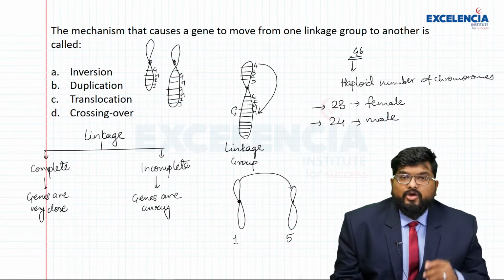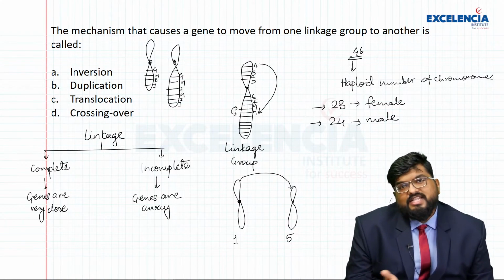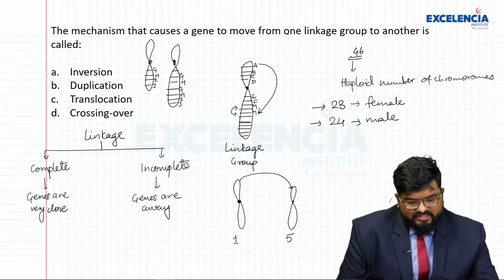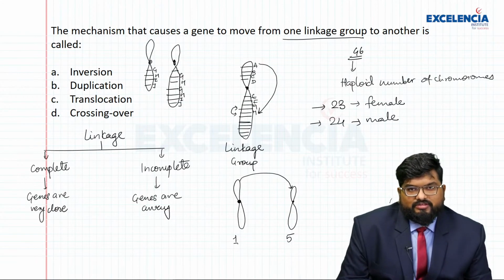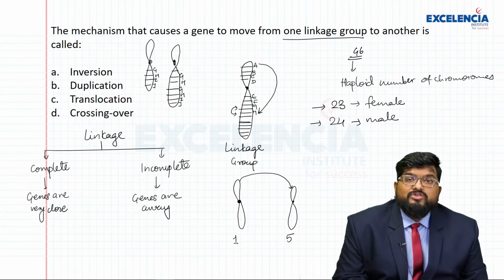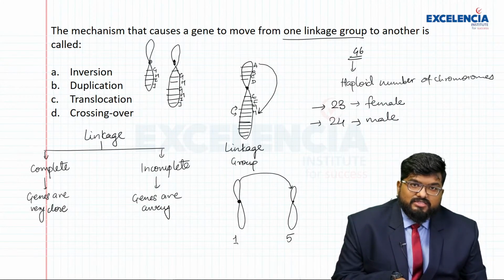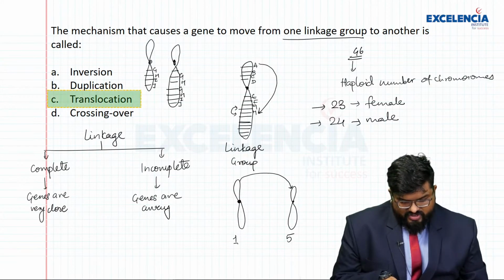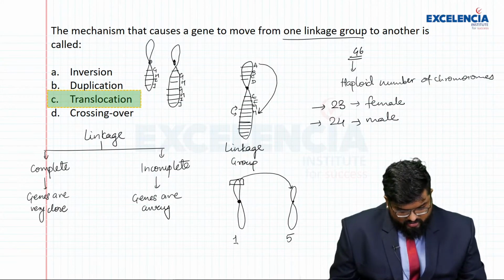Crossing over is the exchange of genes between homologous chromosomes. Here it says from one linkage group to the other, so it is not happening between two linkage groups. It's happening between homologous chromosomes. So what is the answer over here? It is translocation. In translocation, literally one part of one chromosome will get transferred to another chromosome.